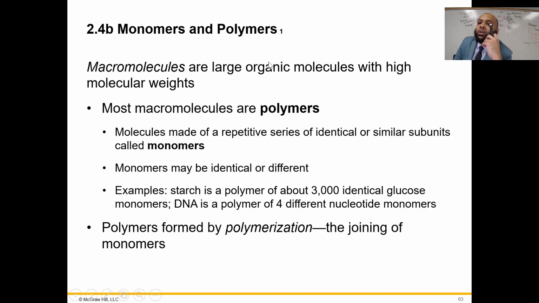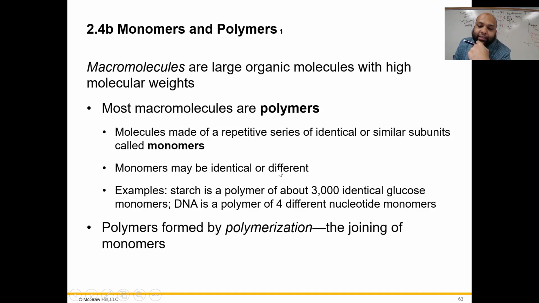Macromolecules are large organic molecules with high molecular weights. These are big molecules, macromolecules. These are polymers, molecules made of a repetitive series of identical or similar subunits. These are known as monomers.